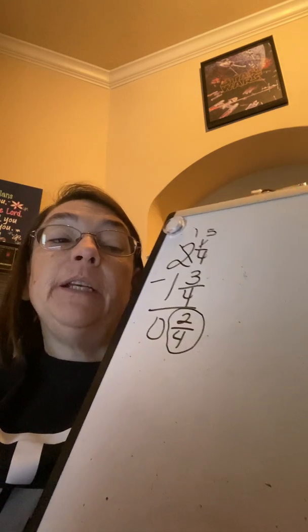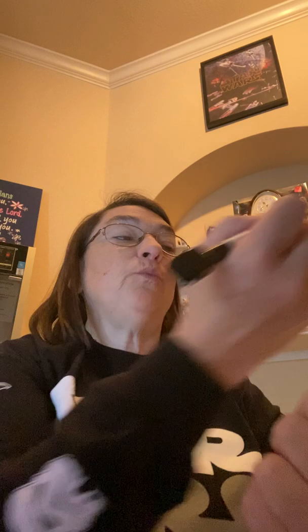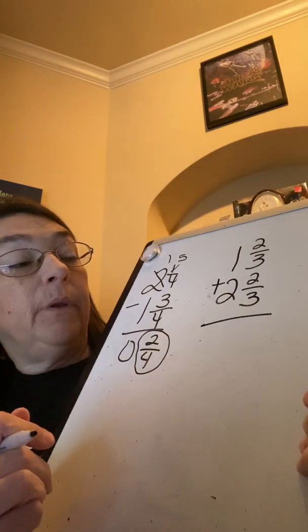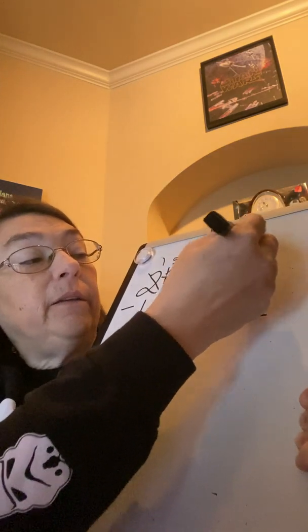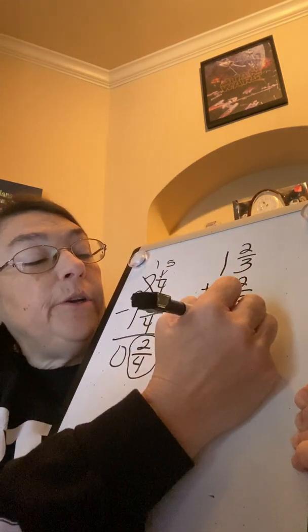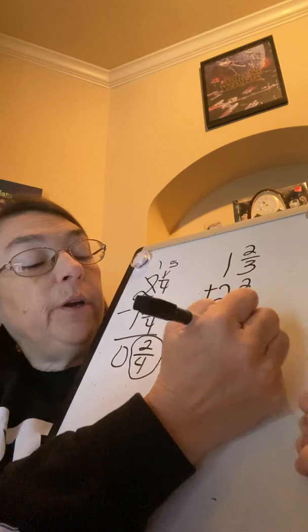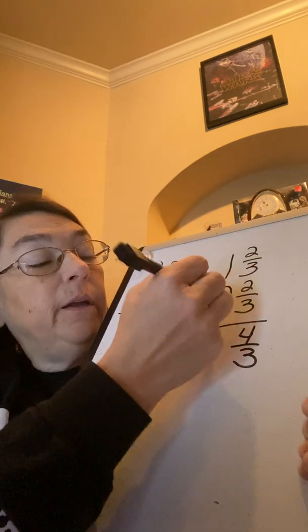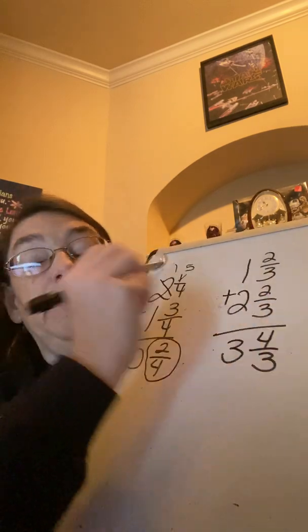All right, let's look at number 7. Number 7 says 1 2/3 plus 2 2/3. So I add my numerators together, so that's 4 over 3, and this is 3.